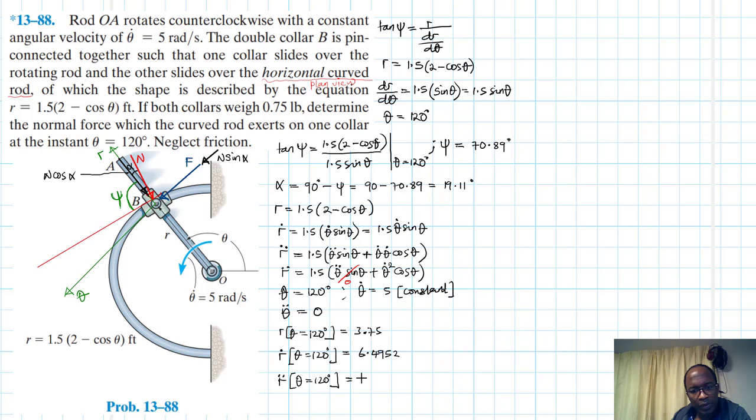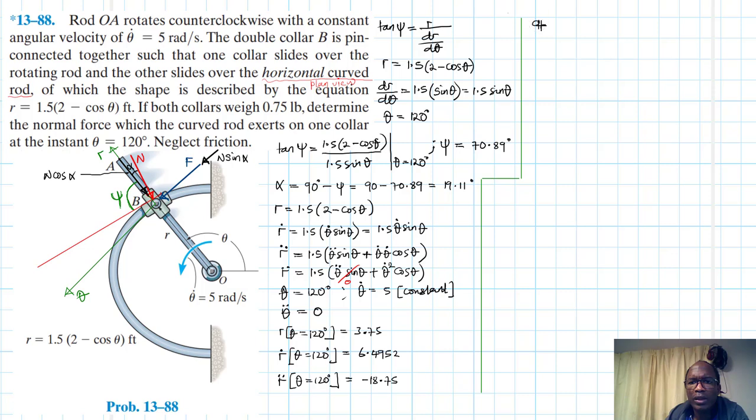Okay, this is just equal to minus 18.75. I guess we have done everything. These inputs, we need them as we calculate the acceleration a theta and ar.